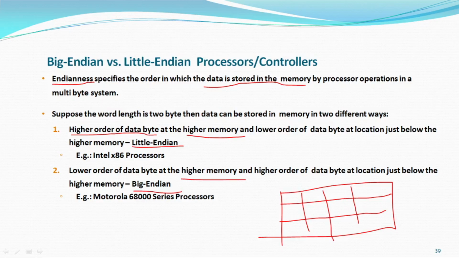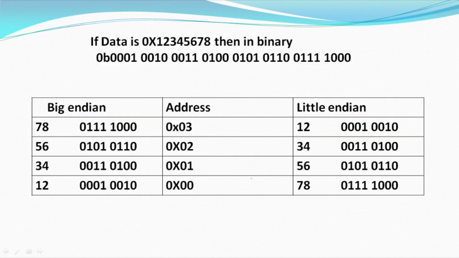When you say multi-byte system, it means that in each location you can store 8 bits, 8 bits here, 8 bits here, 8 bits here, because 1 byte is nothing but 8 bits. So in the memory you store 8 bits, that is 1 byte, in each location. Now let's go to the example.